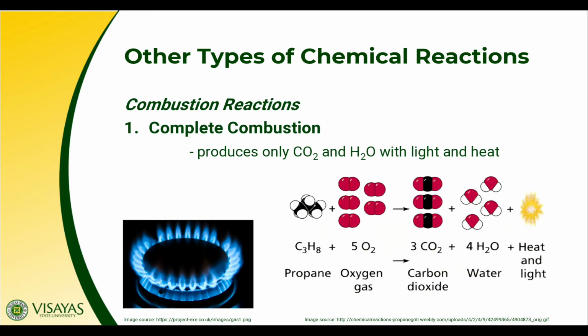This means that we have enough supply of oxygen. So in the product side, we only have carbon dioxide with, of course, light or heat. Okay. Again, in complete combustion, we have enough supply of oxygen. Okay. So you can see here a blue flame. That means we have a complete combustion.